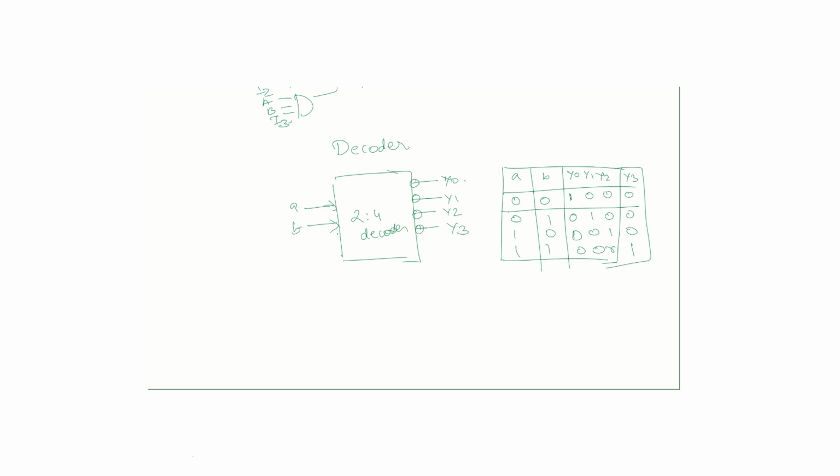The truth table for this would be: for 0 0, the first output will be 0 and the rest of them will be 1. Second, y1 will be 0 and the rest would be 1. For the next, it would be y2, and for the last, y3.